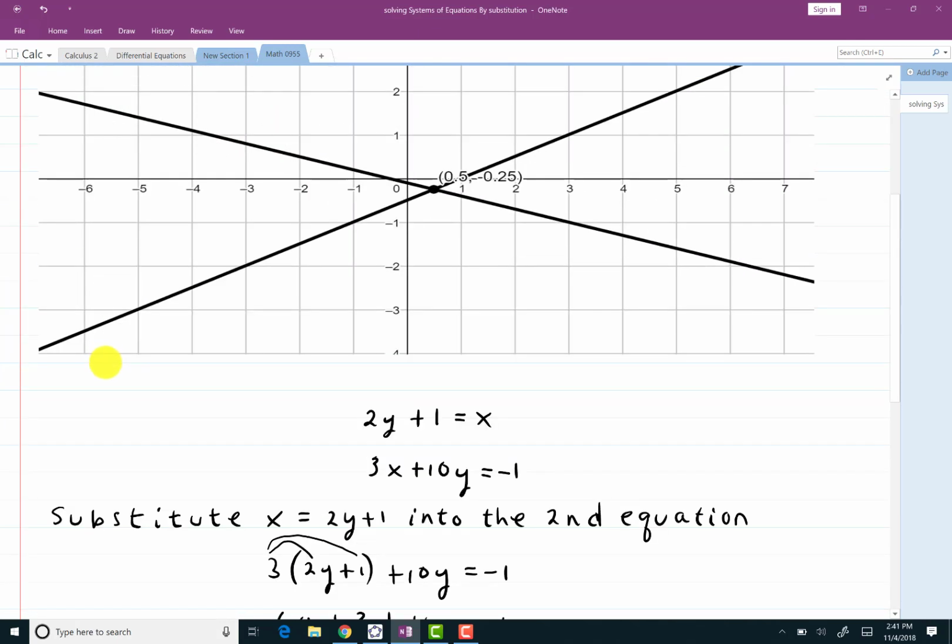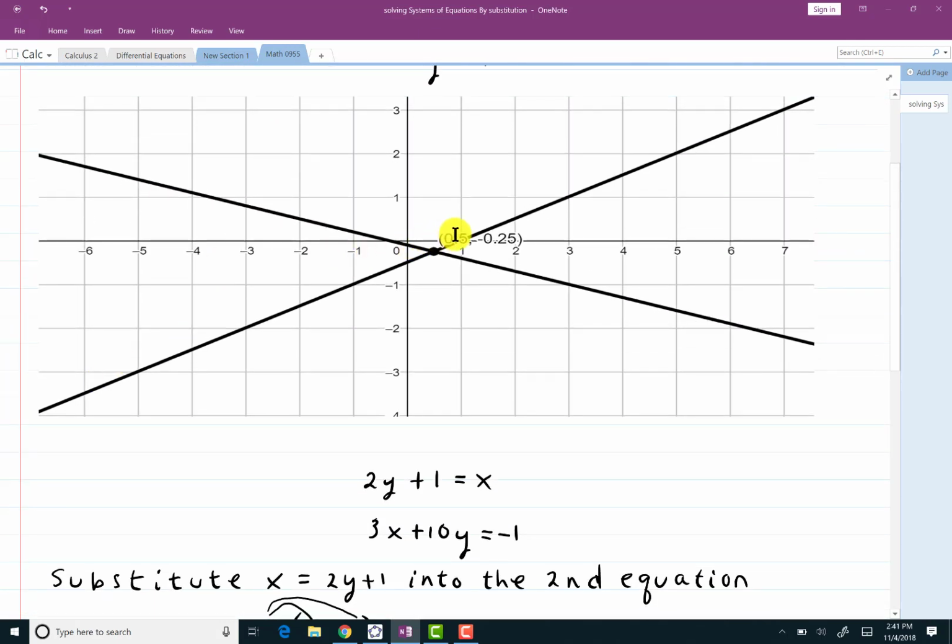If we go back to the graph, there it is, x equals 0.5 or 1/2, and y equals negative 0.25 or negative 1/4. So let me do a few examples of this type, illustrating how you'll substitute something into something else.